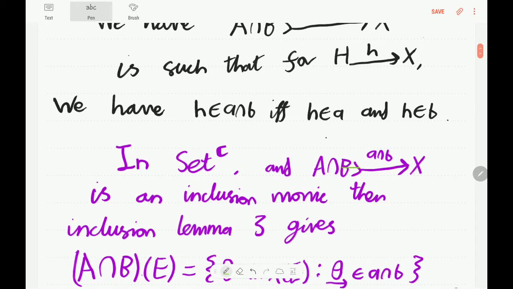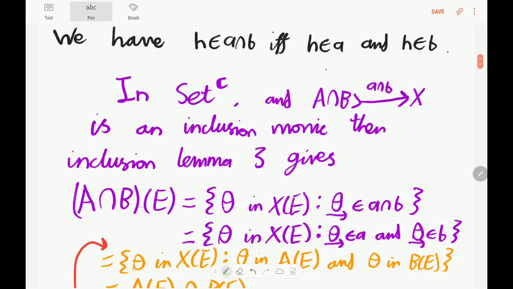So let's think of the case where it's an inclusion monic, in other words, where the set of E-type figures of A intersection B is a subset of the set of E-type figures of X, and the E-th component of little a intersection b is just an inclusion function for every object E of C.